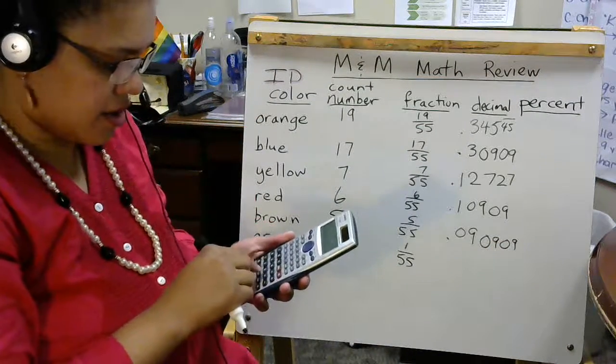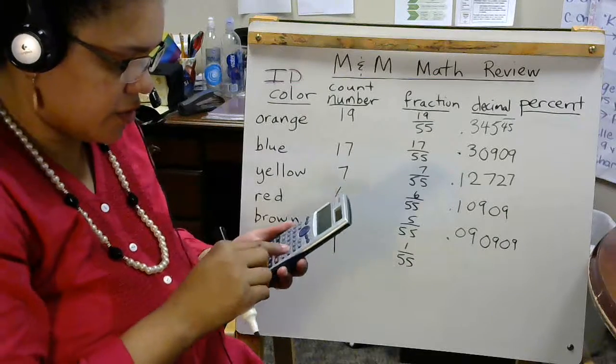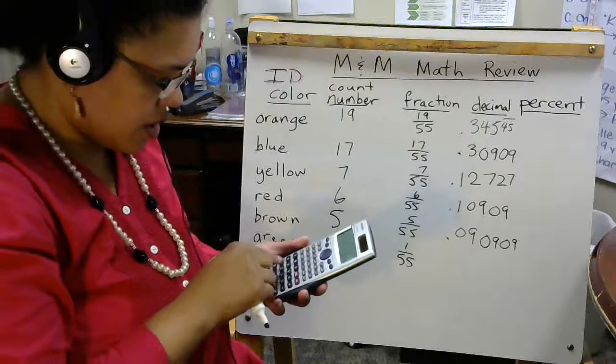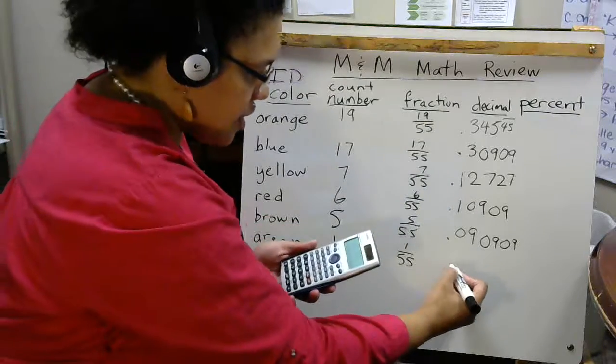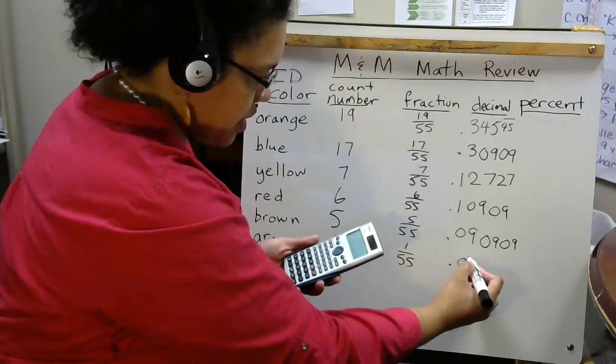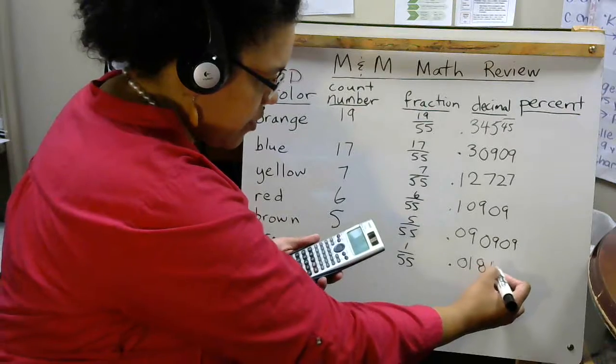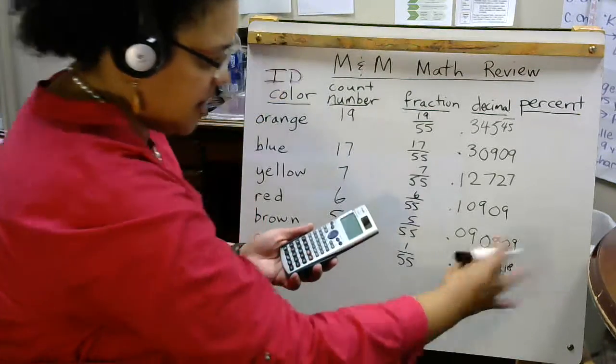And then 1 divided by 55 is 0.0181818, and so on. Okay.